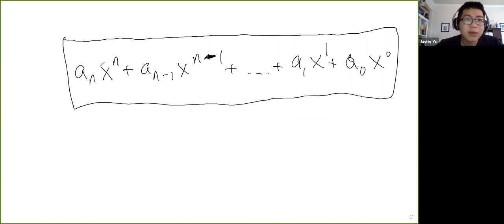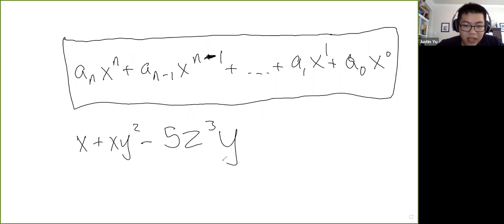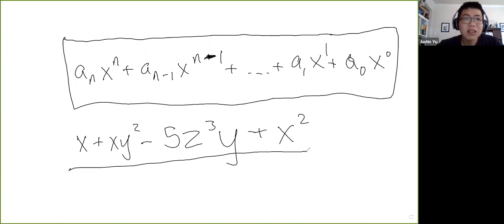But what I'm getting at is that we can actually add another variable in here and still call it a polynomial. Like x plus xy squared minus 5z cubed y plus x squared. This is actually a polynomial, and this is a polynomial in 3 variables.